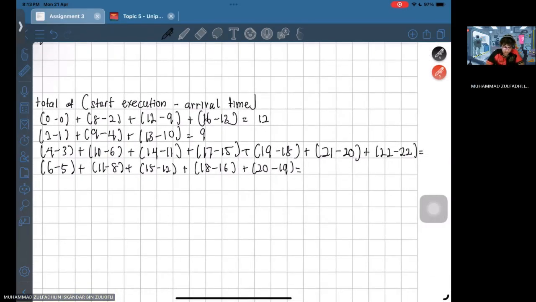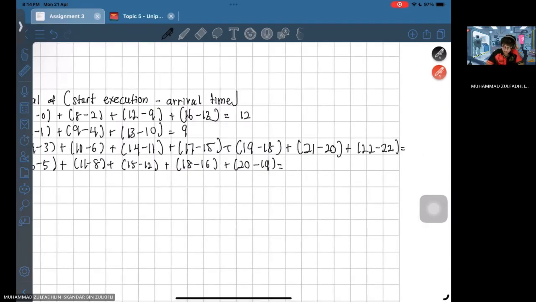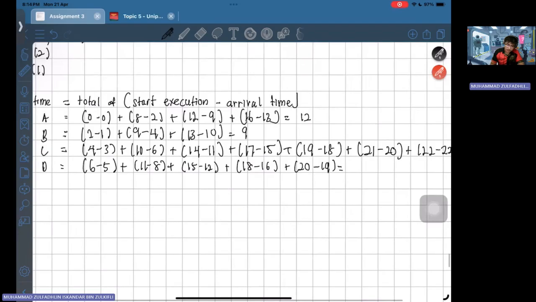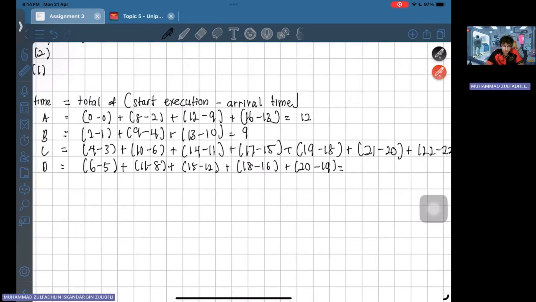So for C, the waiting time for C is 12. And the first process, which is D, it waits for 11.